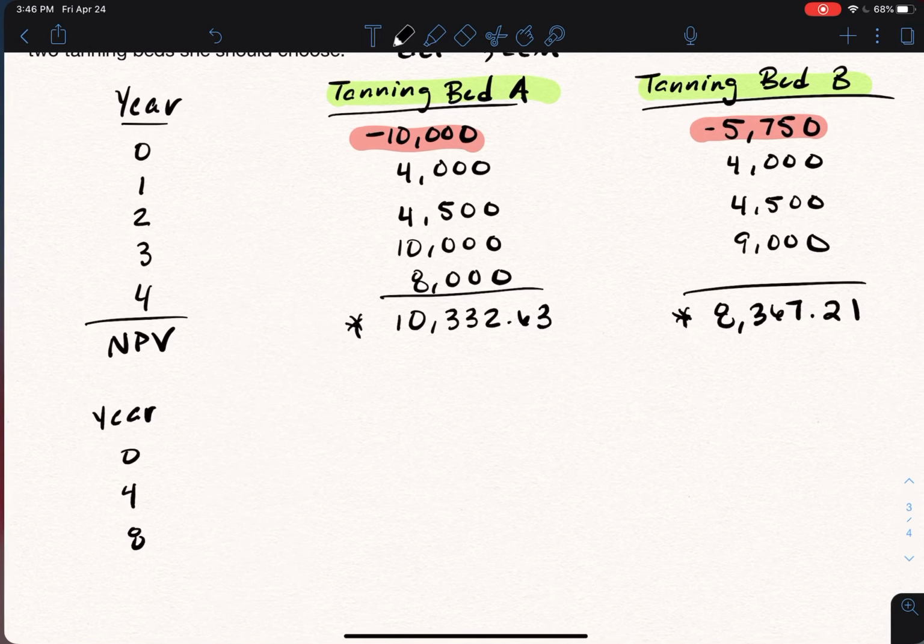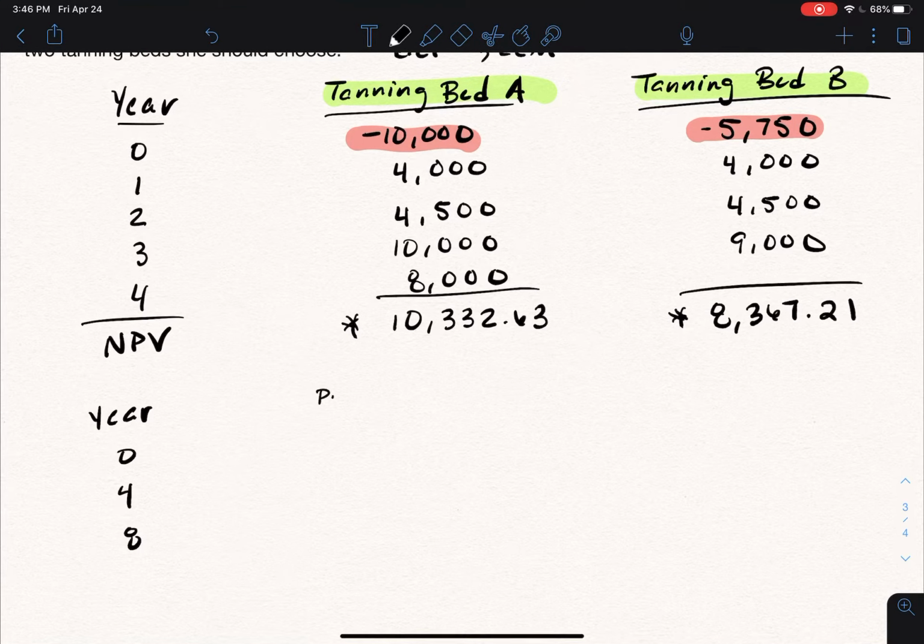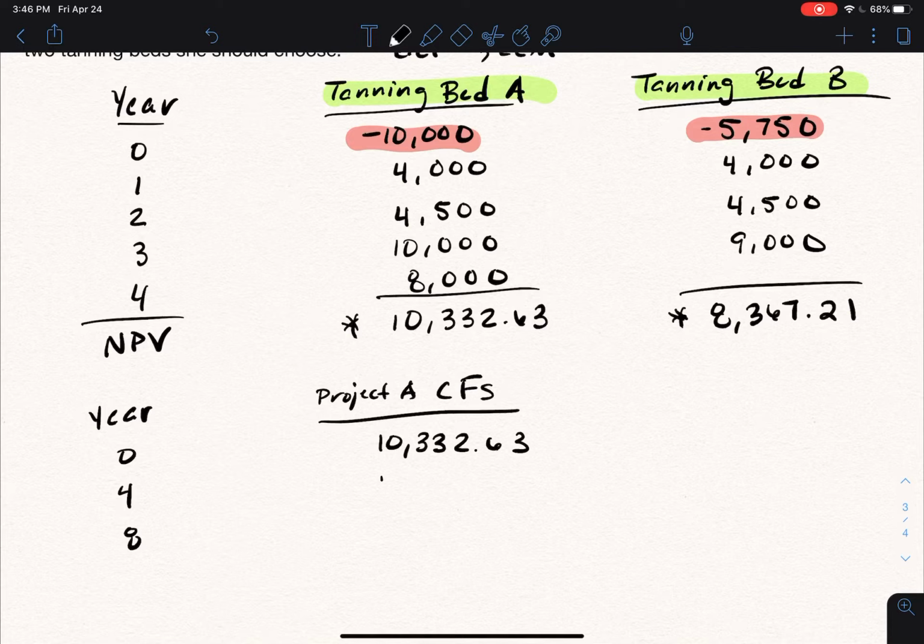So we'll say project A cash flows. All right. And so for the first one, it is $10,332.63, $10,332.63, $10,332.63. All right.